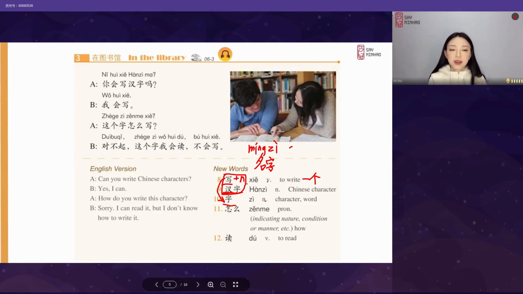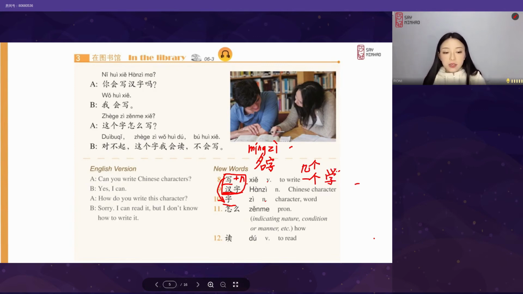How to say that? It's 几个. Yes, 几个汉字. And try to say learn Chinese character. Learn Chinese character. It is 学汉字.